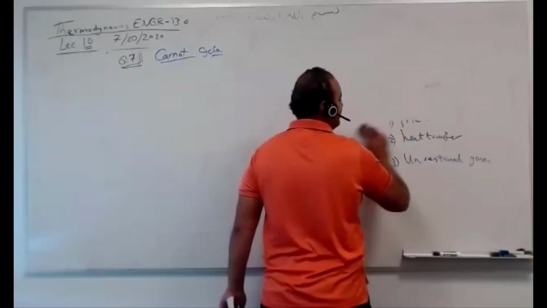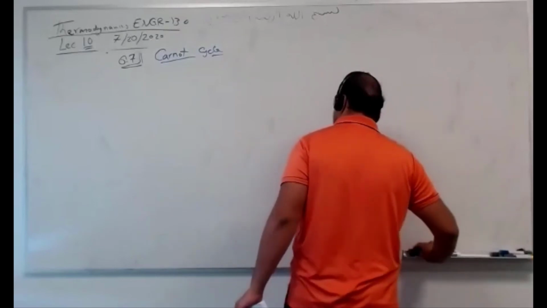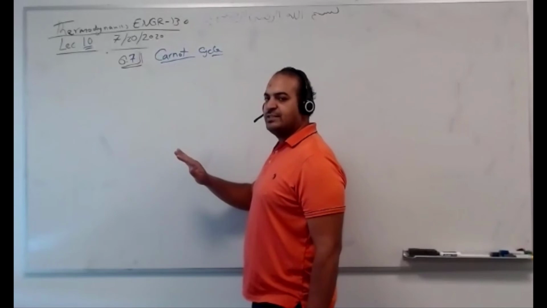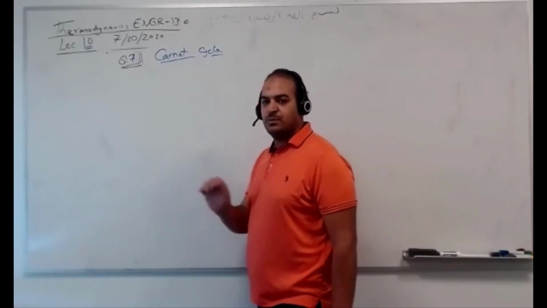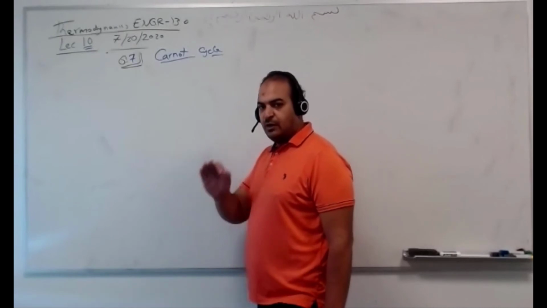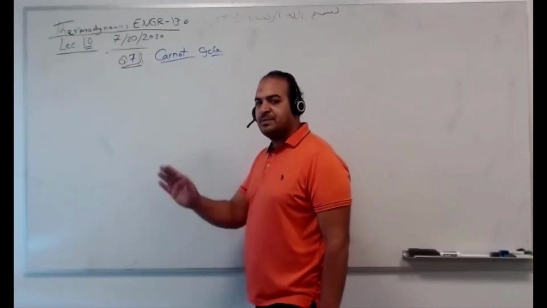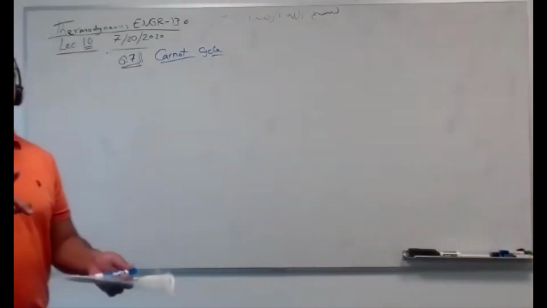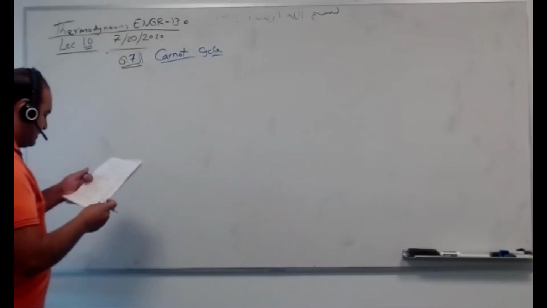You cannot obtain efficiency more than Carnot. If Carnot says the maximum efficiency is 80%, this is the maximum. You cannot get 81. It's impossible. The typical range is 55, 60, 70. 70 is big.